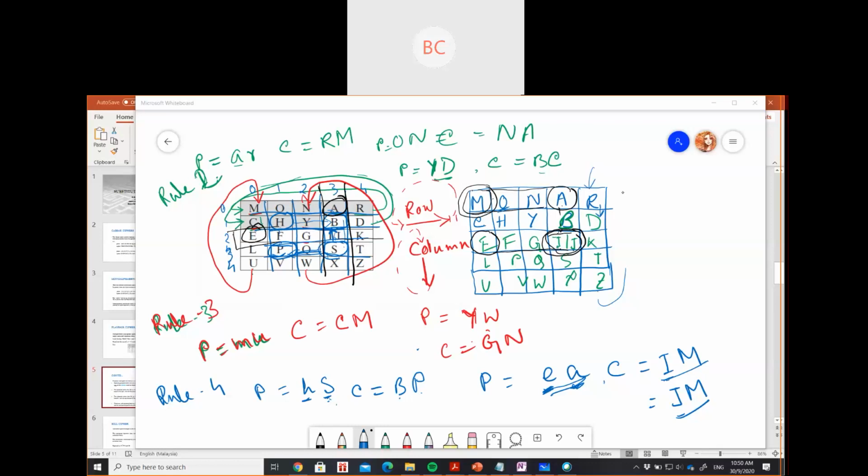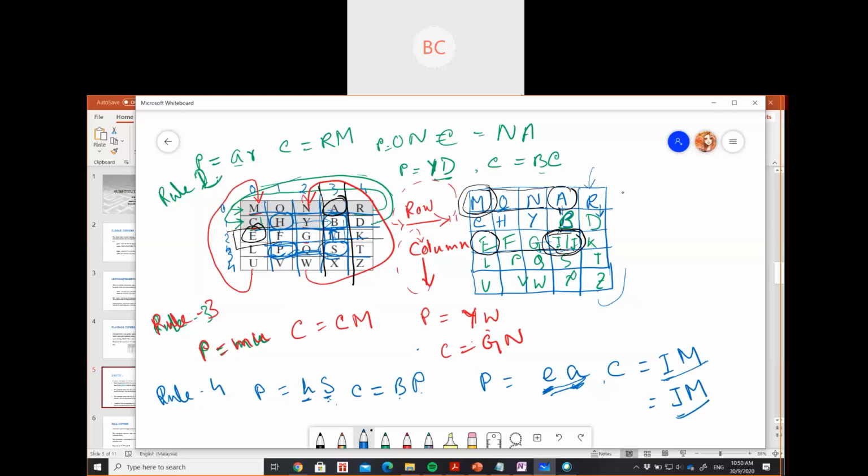Okay. For A column, you will reach this column at this point. So you can replace E by either I or J. And you can replace A. You will check the location of E again. From E, you will reach it using the M. So you can replace it with I and M.